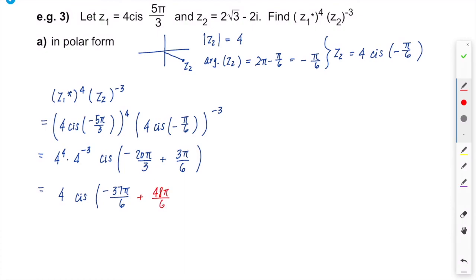And here the closest multiple will be 4 pi, right? Which makes 48 pi over 6. And so this works out to 1, so 11 pi over 6 would be the argument of this result.